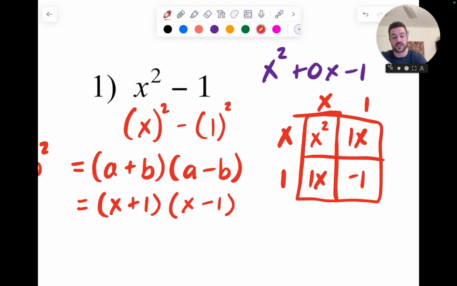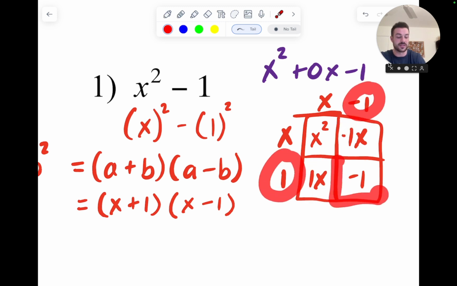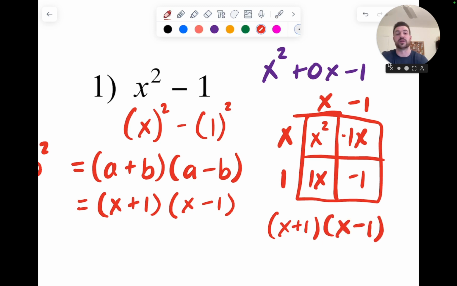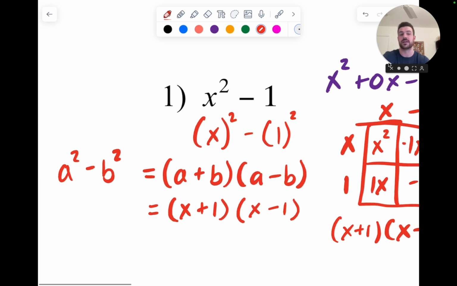So one of these has to be negative, and it doesn't matter which one we make. This way, these two values cancel each other out, and positive 1 times negative 1 gives us a negative 1 at the bottom. Therefore, our two factors are x plus 1, because this is a positive 1, and x minus 1 from the top. So we can use the formula on the side, but if you can't remember it and you are more familiar with the box method of factoring, that totally works as well.